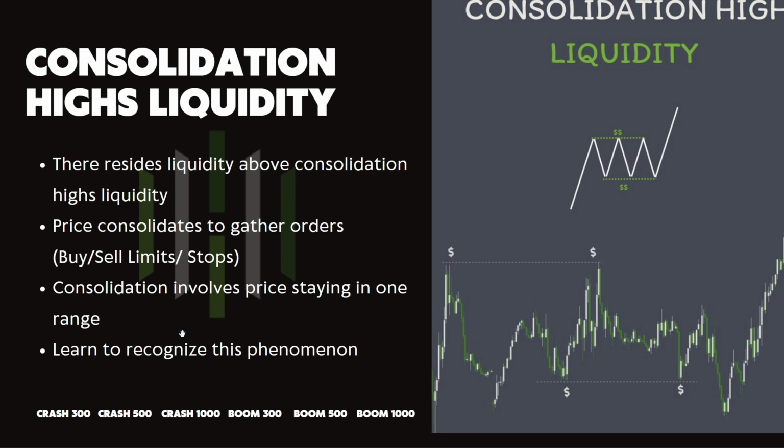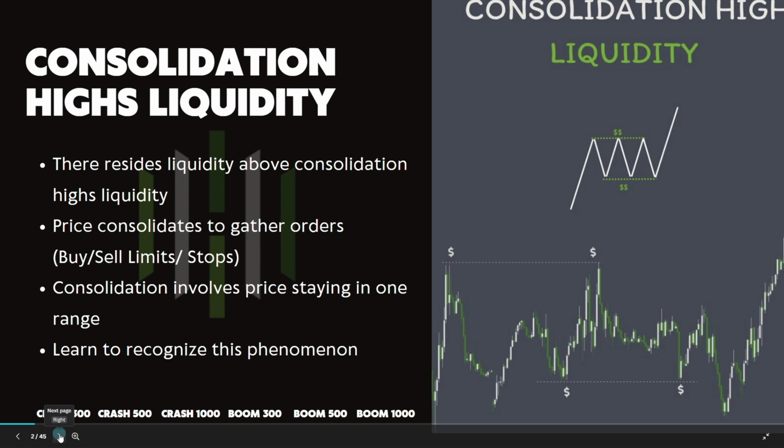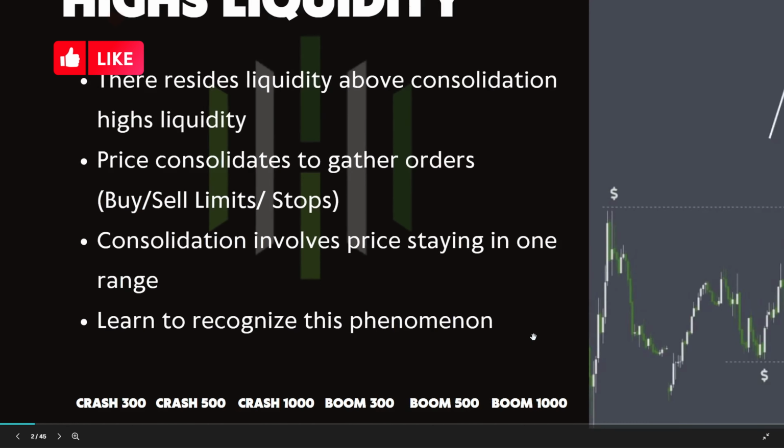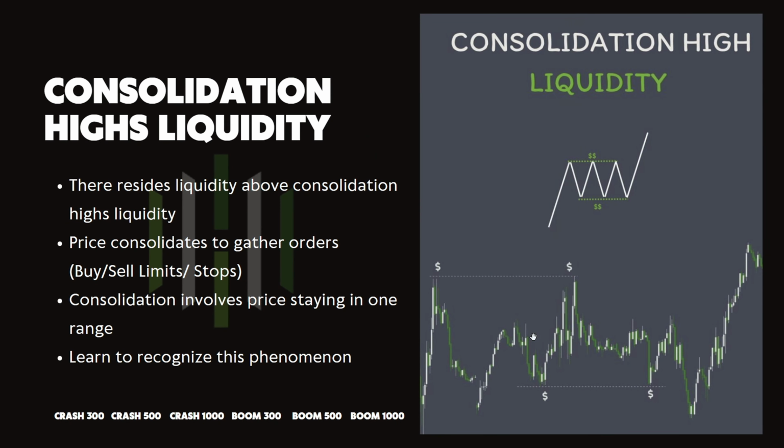So this is how we're gonna address consolidation highs liquidity. We're gonna begin with crash 300, 500, crash 1000, boom 300, 500, and 1000 respectively. Okay, so let's start with the first crash 300.